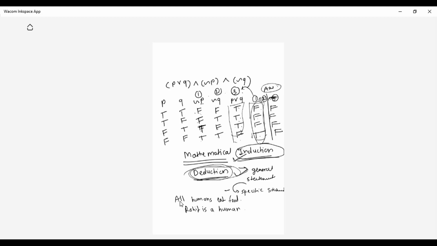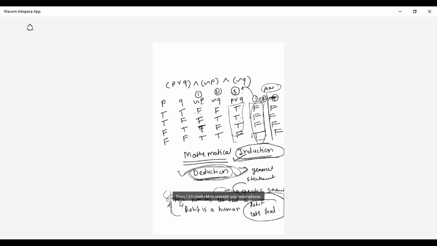Now I will try to extract the specific statement from the general statements, and I would say Rohit eats food. So what I have done here is: all humans eat food and Rohit is a human, and from these two general statements I am extracting this specific statement. This step we are calling a deduction.